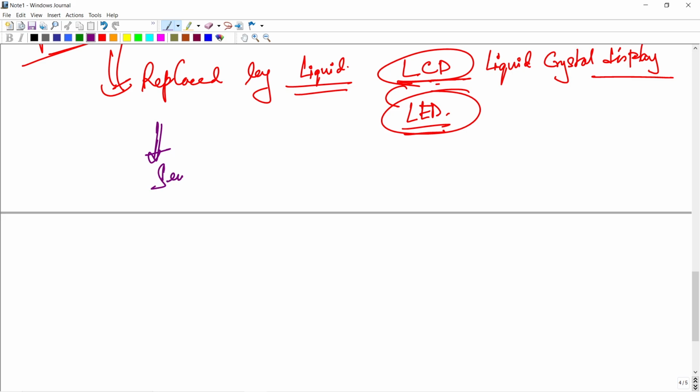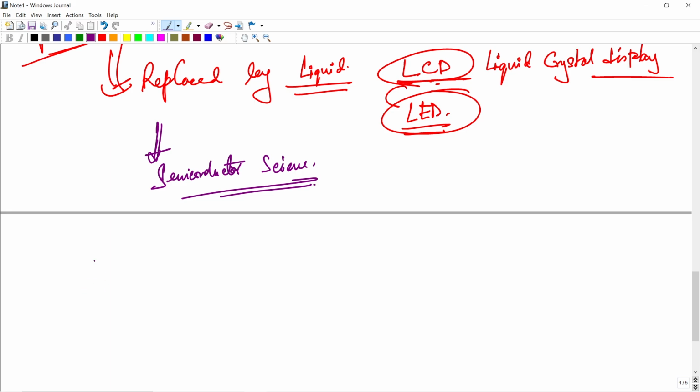Semiconductor science. What is the science behind the semiconductor? The idea is that we mainly divide materials by conductivity and resistivity. There are three types: metal, insulator, and semiconductor, and we differentiate between these three with the help of conductivity and resistivity.